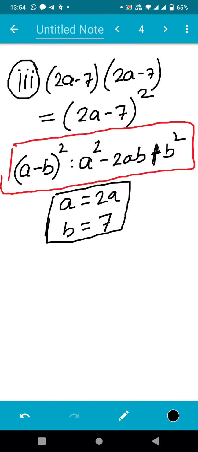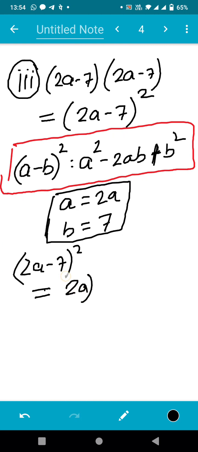Okay, now let's open it. So 2a minus 7 whole square would be written as, we'll give the equal to sign here down. So a square, a is what? In place of a, we have 2a. Then we'll put minus sign, then we'll write 2 into a into b, that is 2 dot 2a dot 7, and finally we have to write b square.